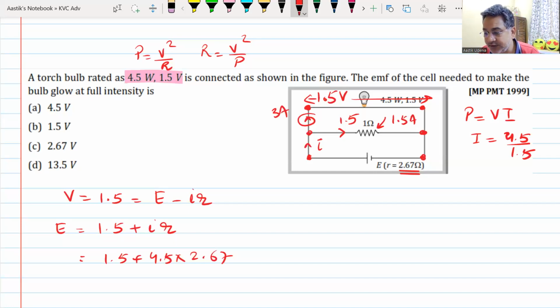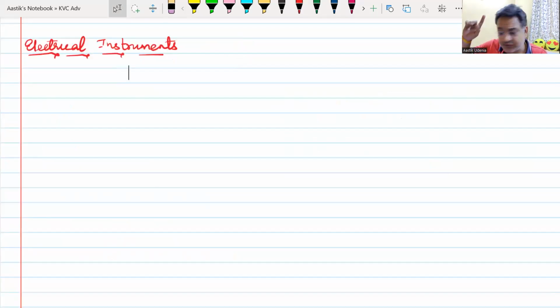Sir, potentiometer. Sir, ammeter, voltmeter. Right. That is what we are talking about.